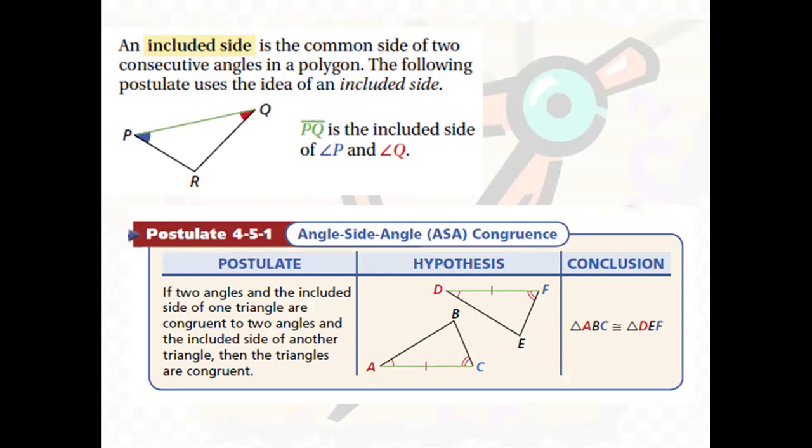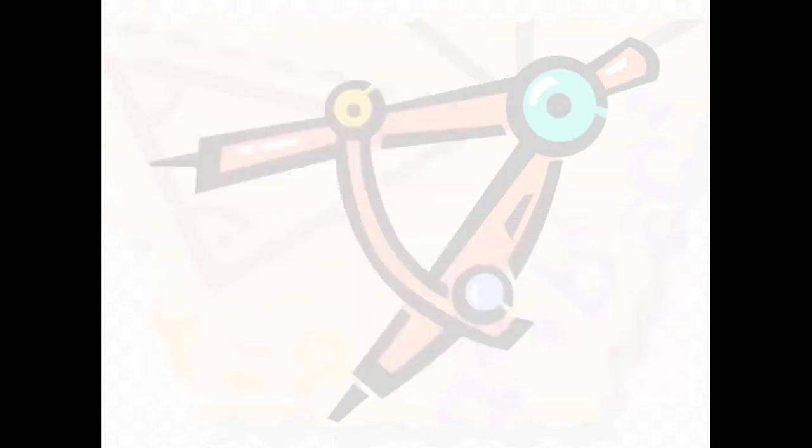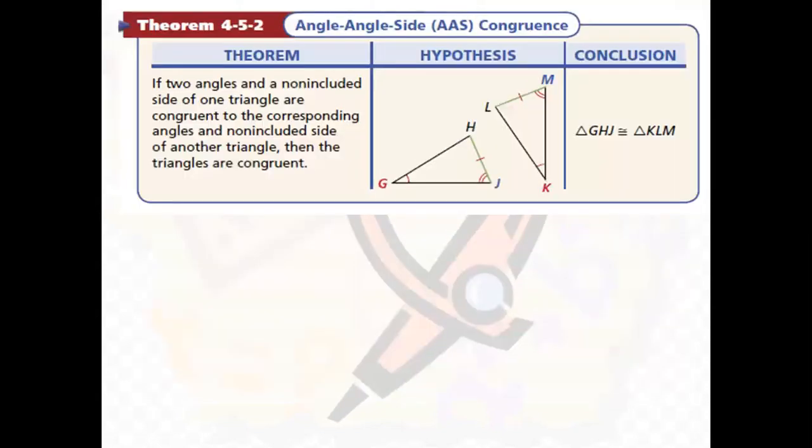Listen to these words carefully. In a triangle, if two angles and the joining line between the two angles, the included side, are equal to those of another triangle, that means the two triangles are congruent. This is angle side angle congruence.